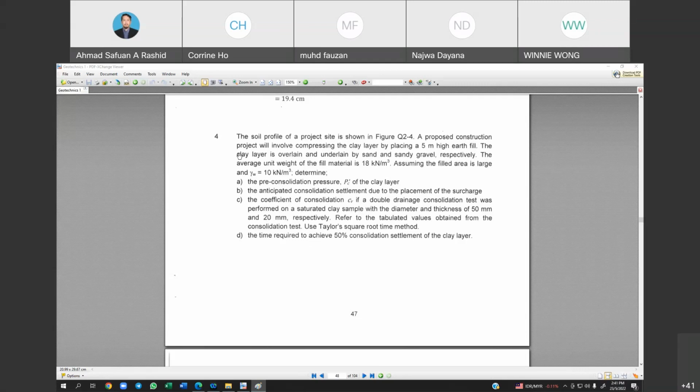A proposed construction project will involve compressing the clay by placing a 5-meter high earth fill, and in that area they only put the 5-meter high earth fill. So it means that it is normally consolidated, because before they put the earth fill, there was no other structure on top of the soil.